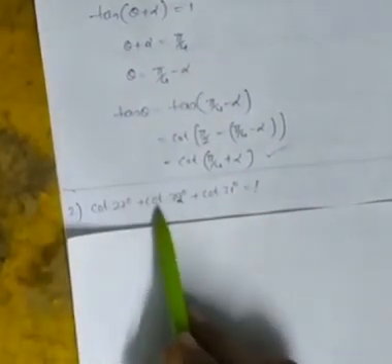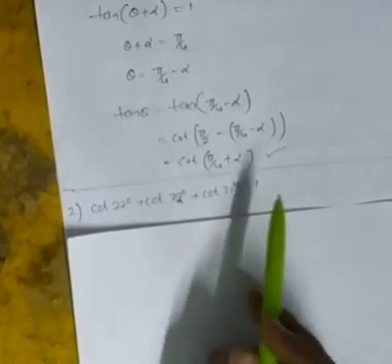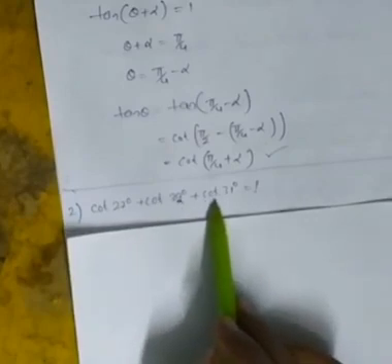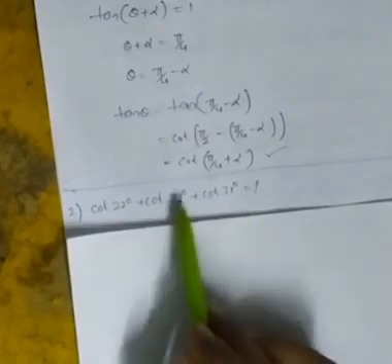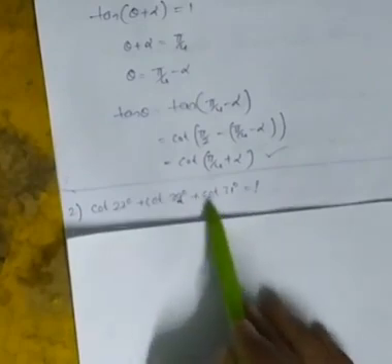Next, the second question is cot 27 plus cot 32 plus cot 31 equals how much? By looking at this, these are different angles.